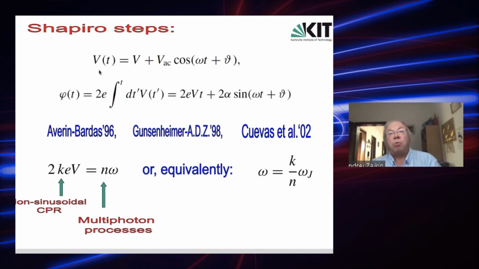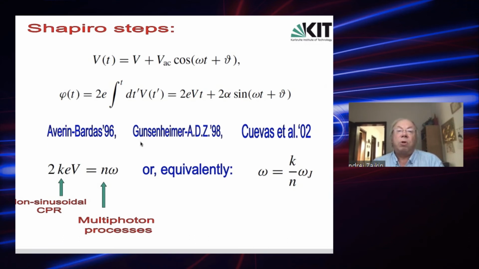And now we come to Shapiro steps. We now apply AC voltage, radio frequency radiation, and we also apply a constant part of the voltage. So the voltage has this form, and then of course you integrate, and you have the phase in that form.